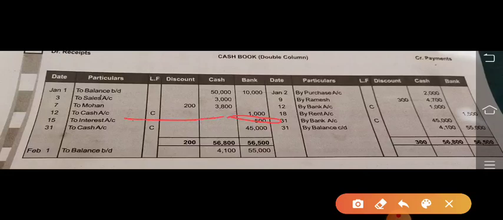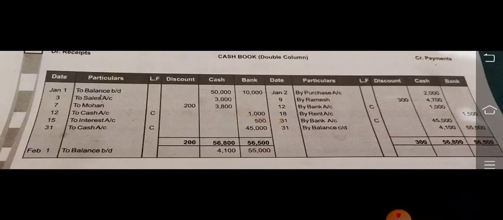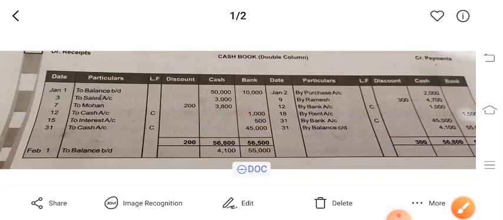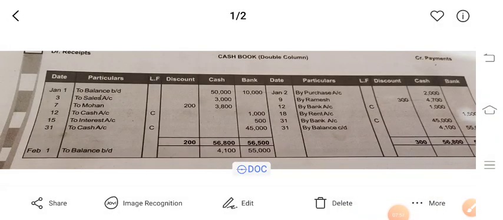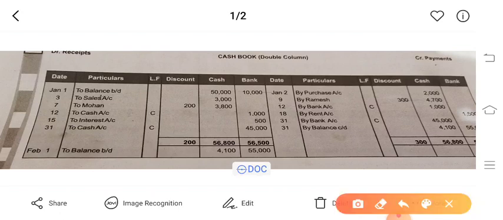Next point we have is rent paid by check. Now here what happened, that we have paid a rent of rupees 1,500 through check. Now when we paid rent through check, that means payment is made through bank. So technically bank is reduced.